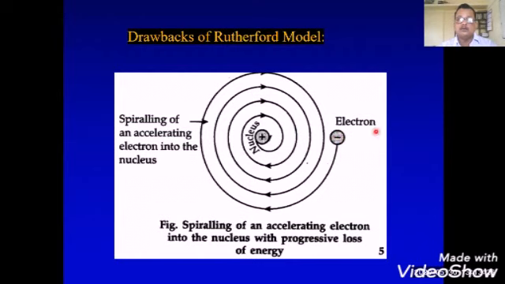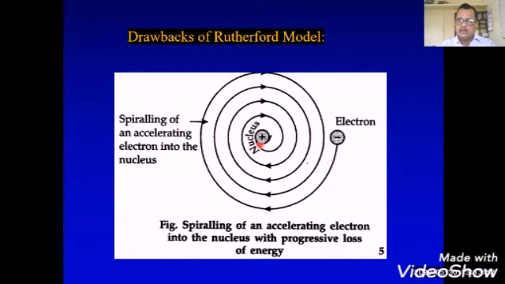It will become weaker and be pulled by the nucleus, and consequently the radius of the orbit will collapse, and the electron, instead of moving in a circular path, will move along a spiral path, and finally the electron will fall into the nucleus.